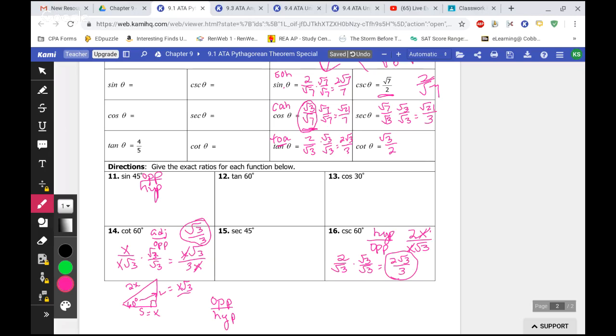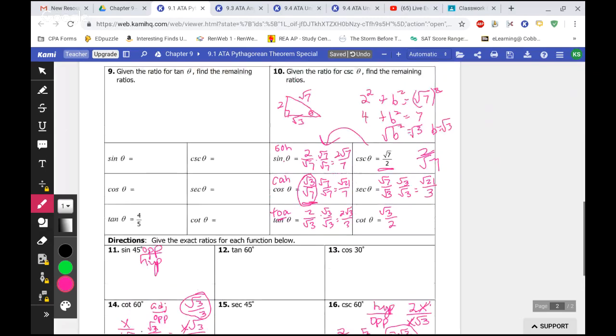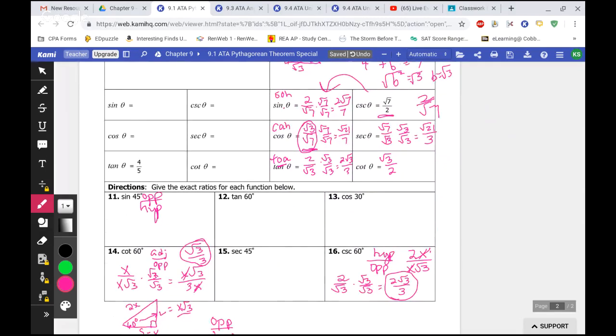And we've learned more since that time. But on this one, the leg lengths were the same, and then your hypotenuse. I'm trying to go back to the actual notes so that you have a good reference. What's the difference between finding the exact value of each trig function and giving the exact ratio for each function?